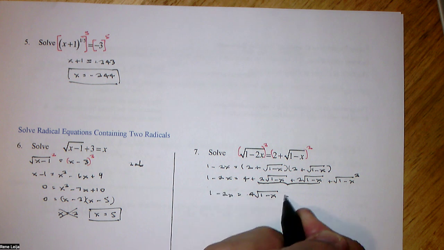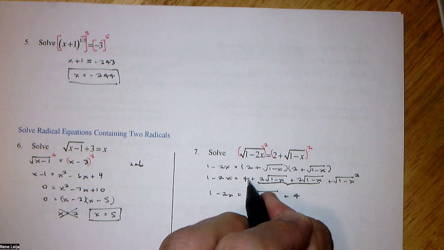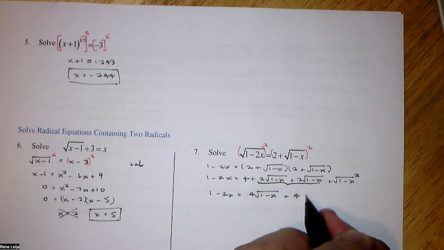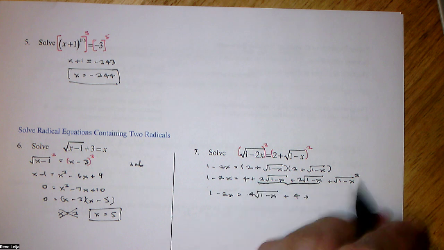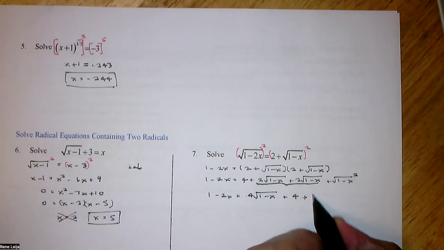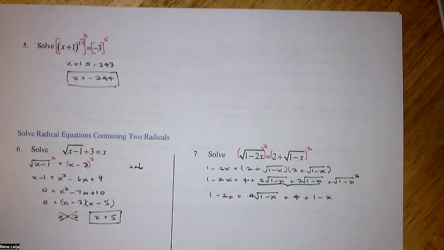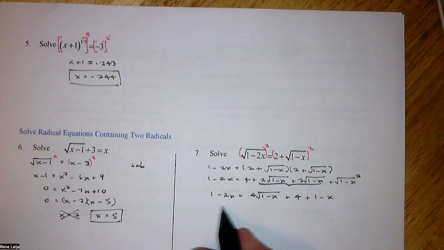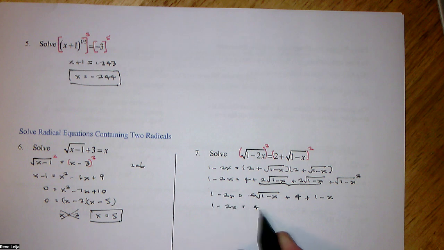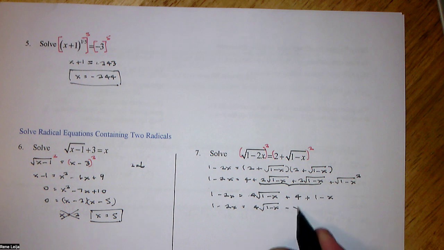Then we have this 4 that's out front, plus, now when I square this, that just leaves me with 1 minus x. So we're going to clean up what we've got. So we have a minus x plus 5.